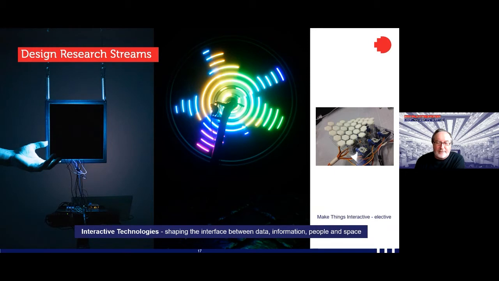The partner elective of designing with data in interactive technologies is called Making Things Interactive, where students use electronics, Arduinos, and coding to produce and do a small exercise in order to understand the relationship between sensors, coding, inputs, outputs, all sorts of things.